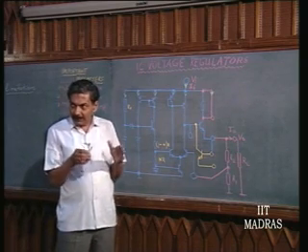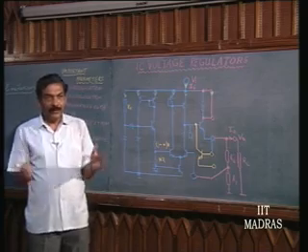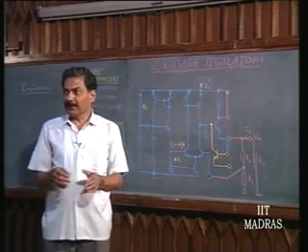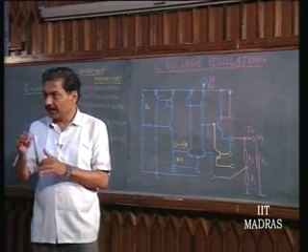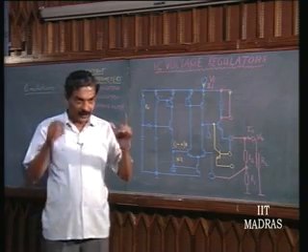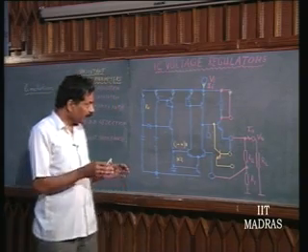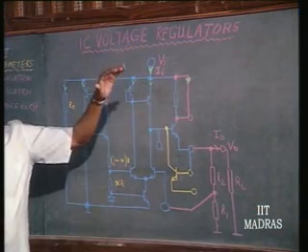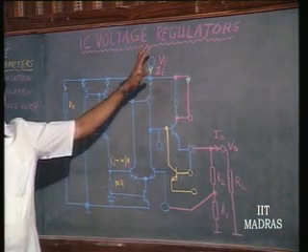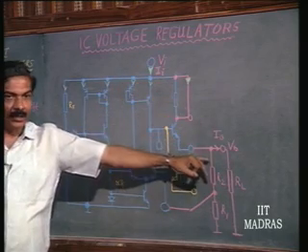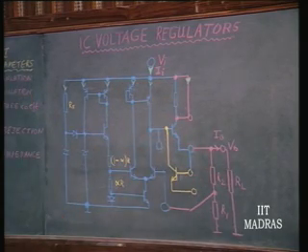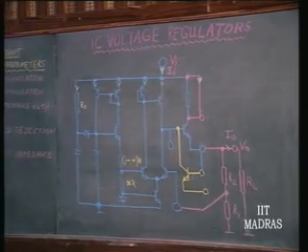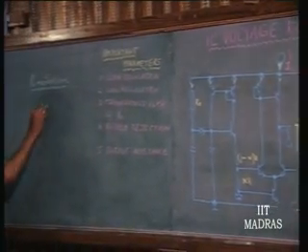That means, even when I demand from it various ranges of current, it should have output voltage remaining constant. These are the two important factors. That means, first limitations that we have to consider are the limitations on Vi and limitations on I naught. So, let us see how these limitations come about.